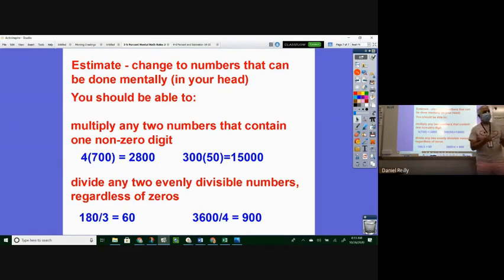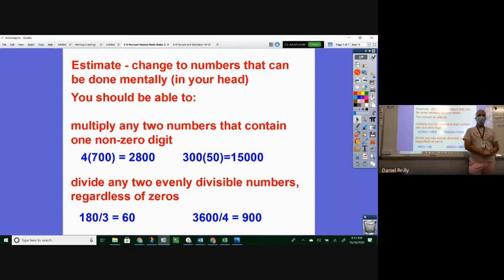So, to do anything in your head, you make an estimate. And to estimate something, which is a really important math skill. It's not really a math skill, it's a life skill, but you typically learn it in math because it all has to do with numbers. Estimating is really, really important to be able to do.